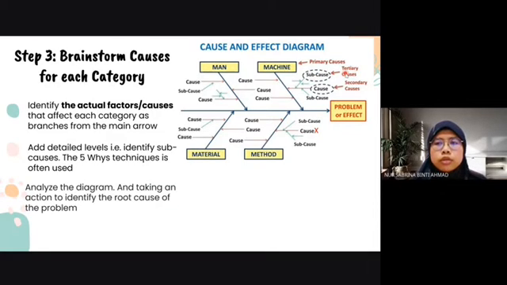These causes also will affect the actual causes. Note that the five whys technique is often used in conjunction with the fishbone diagram, as we keep asking why until we get the root cause.